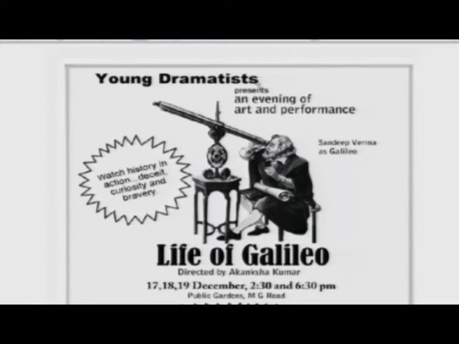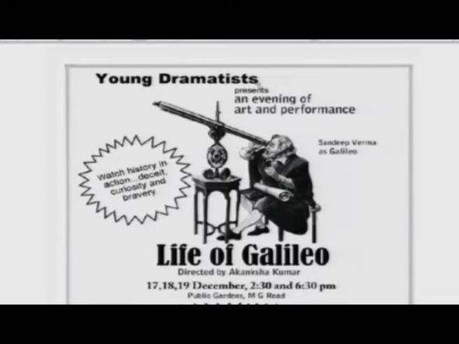If you look at the very first line, this tells you that Young Dramatists is the name of the group which is presenting this play. What is the name of the play? That is usually in the biggest font size, Life of Galileo. So, you have now found out two things.